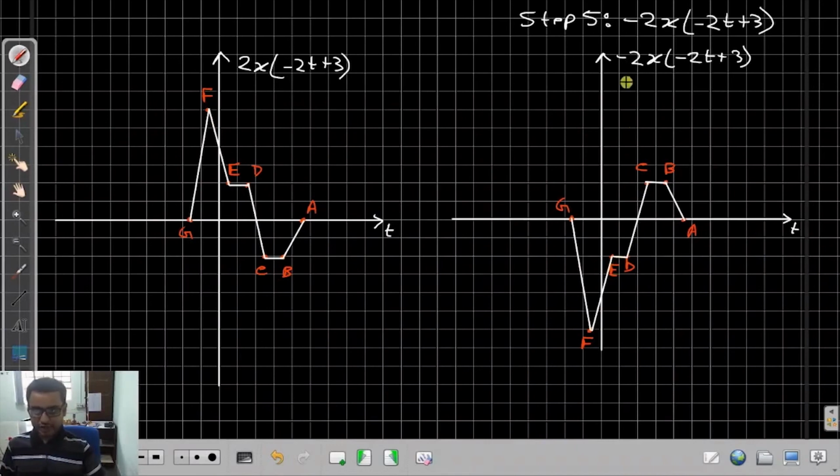So this is the final result. This is the same as y of t. y of t is minus 2x of minus 2t plus 3. Okay, so we got our answer, but we should verify our answer so that we do not make any mistake.